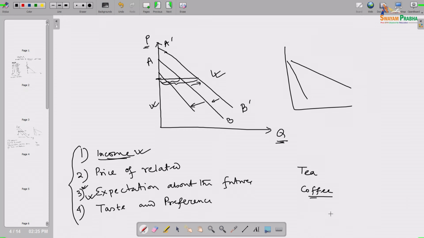Since tea and coffee are closely related substitute commodities, I can quickly switch from tea to coffee because coffee becomes way cheaper now. In this way, prices of related commodities also have an implication on my quantity demanded.